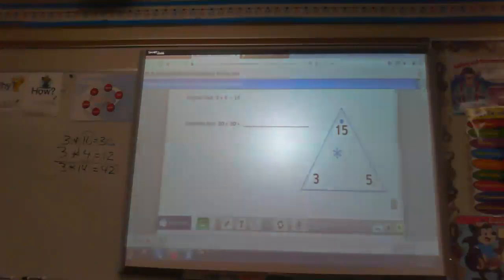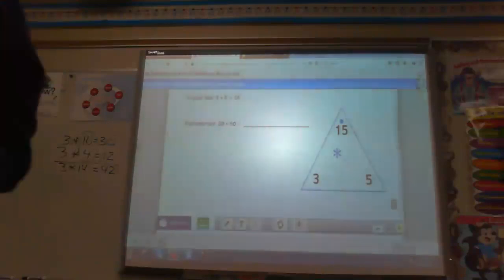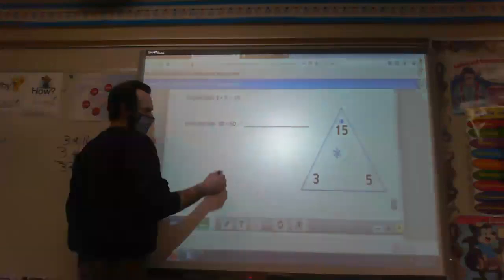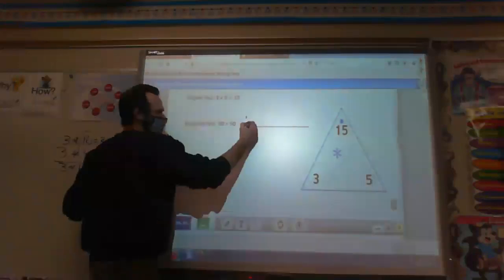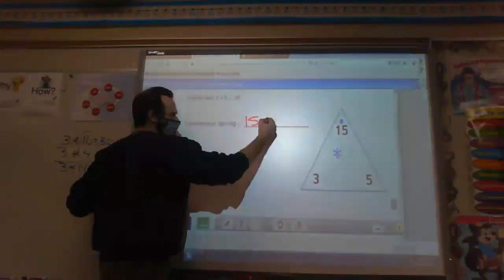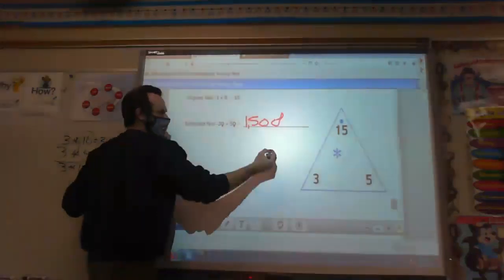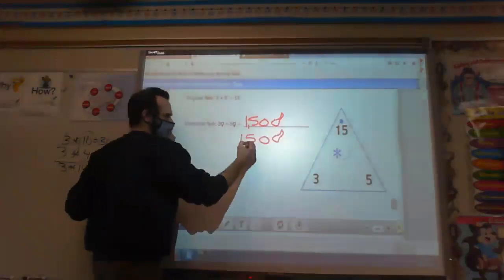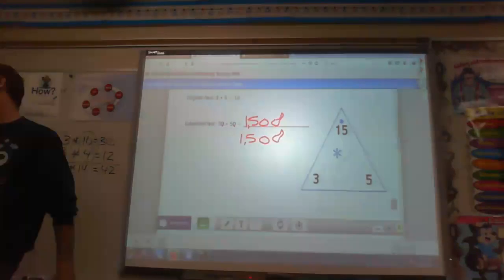All right, this should be pretty easy. So it's the same basic principle. However you want to do it, if you want to do the digits first, you're doing 3 times 5 is 15, then count your zeros, you'd have 2 and you put them down. And if you did the zeros first, you put the zeros down and then do a 15. Either way, you're going to get the same thing.